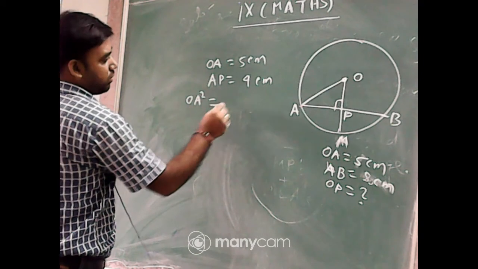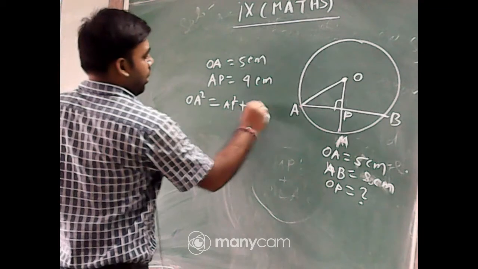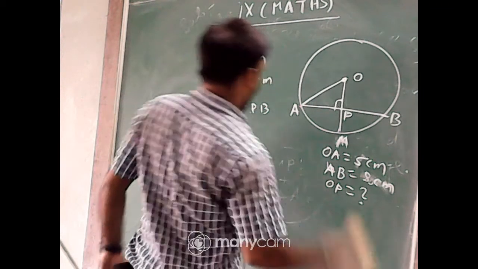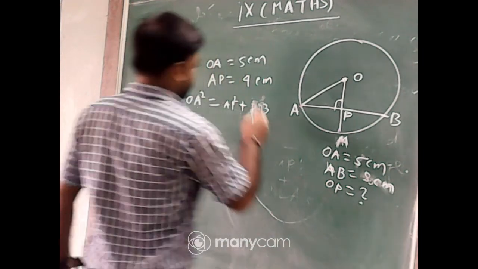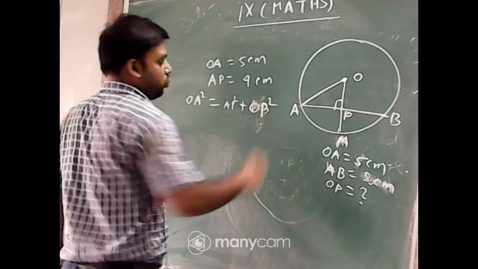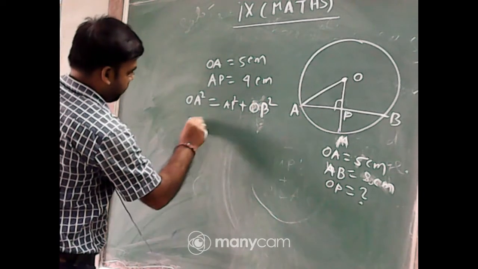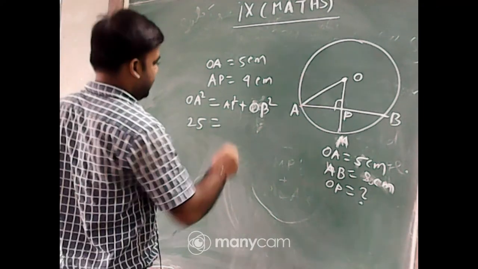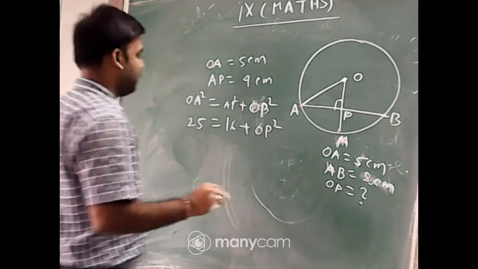OA square, AP square, and OP square. So OA square 25, AP square 16, and OP square we have to find.